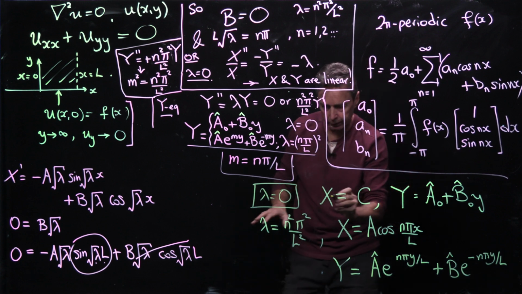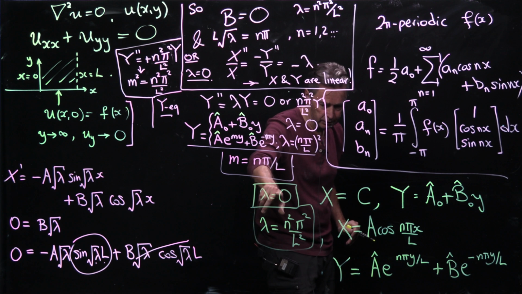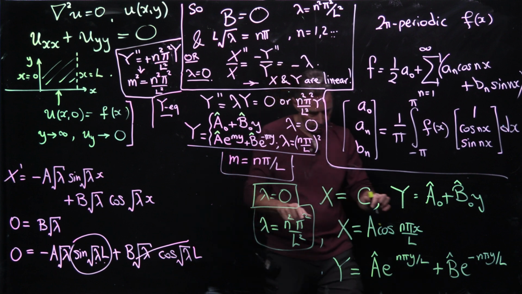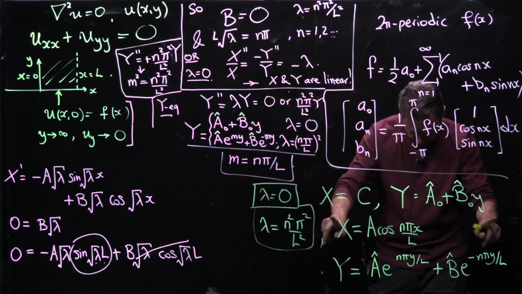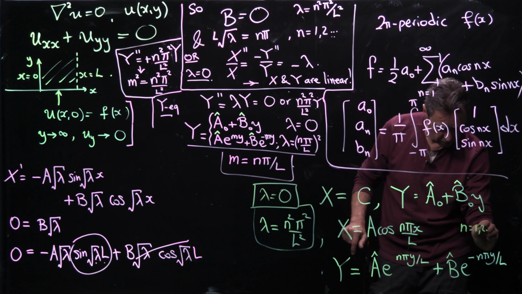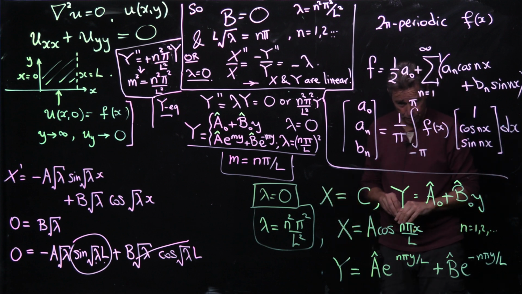That's putting it all together for the two pieces of the solution. Lambda is equal to 0, lambda not equal to 0, putting it all together, right? So I've got all of these, there's an infinite number of those because n is any integer, and then there's this bit that comes from the lambda equal to 0 that I add in as well.